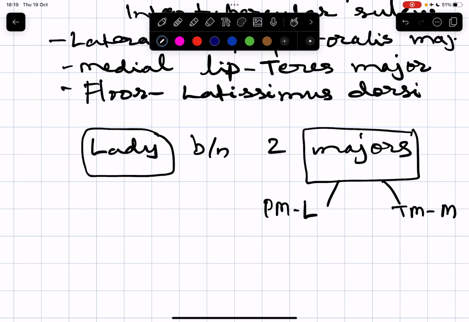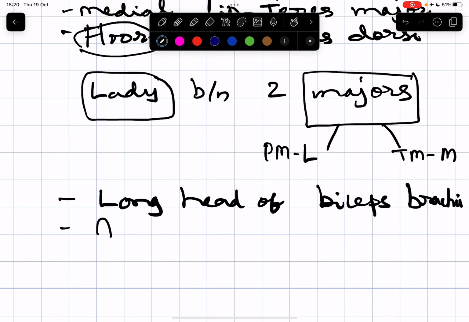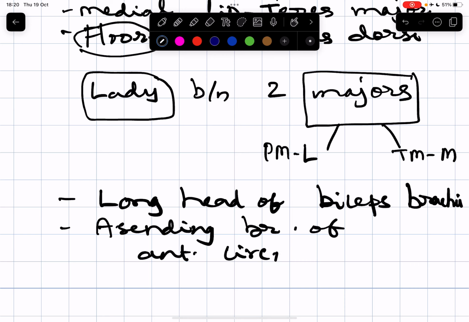Lying in the floor, that is the bicipital groove, is also the long head of biceps brachii muscle, right? And we also have an ascending branch of anterior circumflex humeral artery.